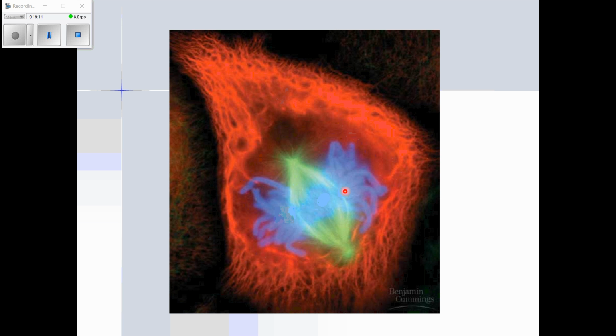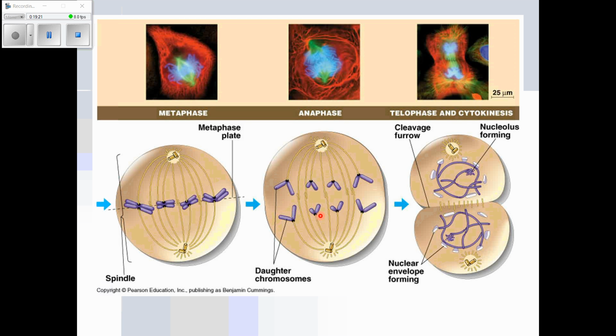So you kind of have to use your imagination to see that the chromosomes are in a line. And then anaphase happens. Anaphase begins when each chromosome splits in half. And what we used to call sister chromatids, when they were attached, two sister chromatids making up this chromosome.